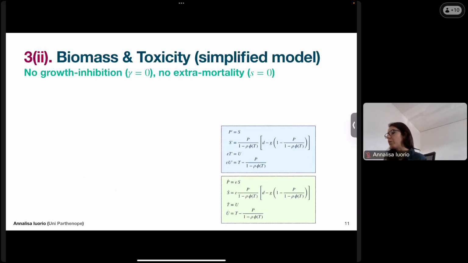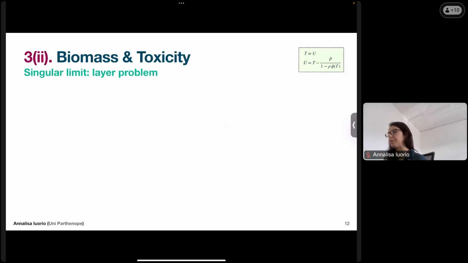Okay, so for our analysis we focus on an even simpler version of the model, because as I've said before, we realized that to retrieve this type of stable patterns numerically, you don't even need growth inhibition or extra mortality. So we set these two parameters to 0 to simplify our model, and we obtain an equivalent formulation that is the one that you see here on the slide.